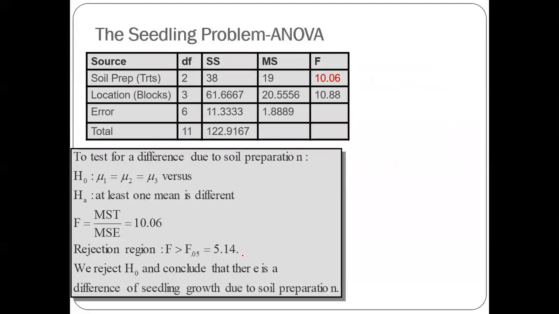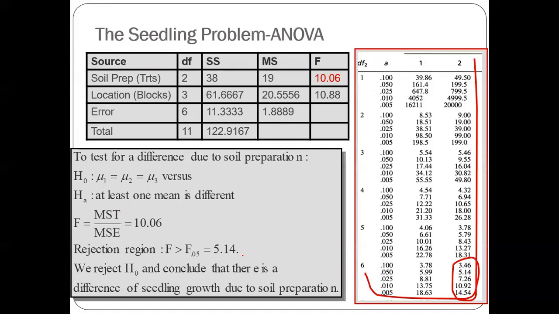Based on this example, the F test statistic for treatment is 10.06 and the F test statistic for blocks is 10.88.